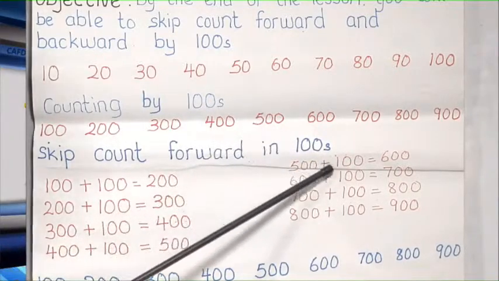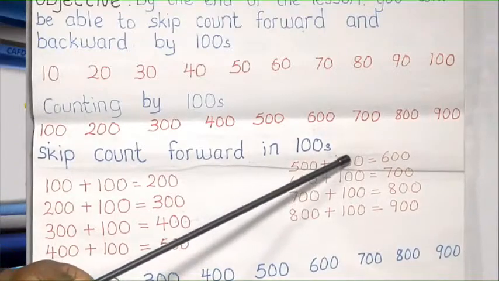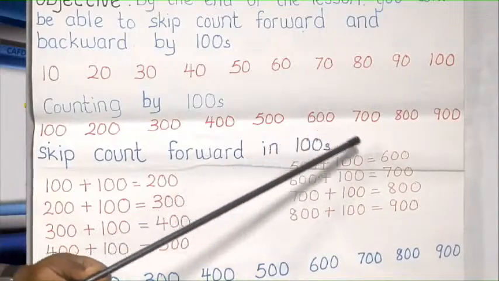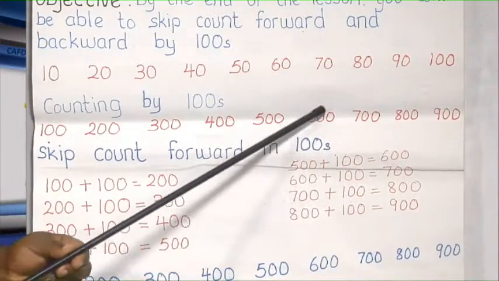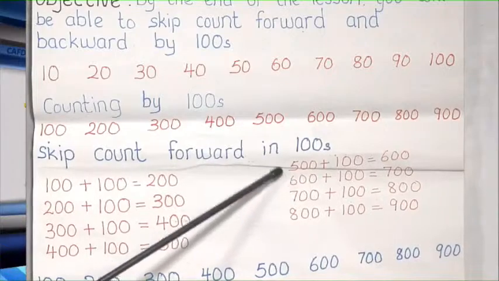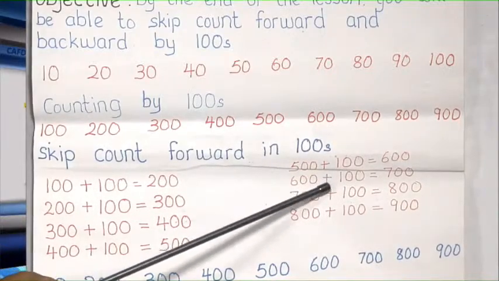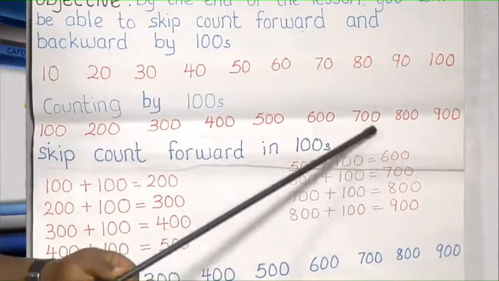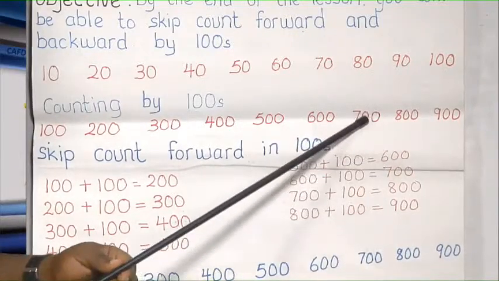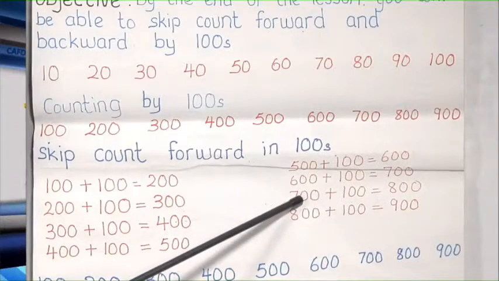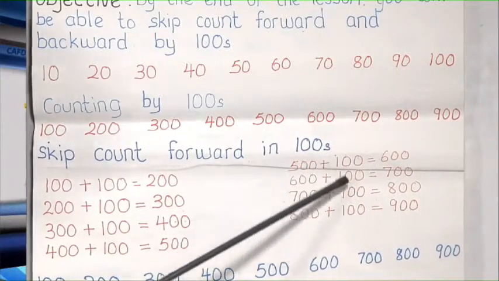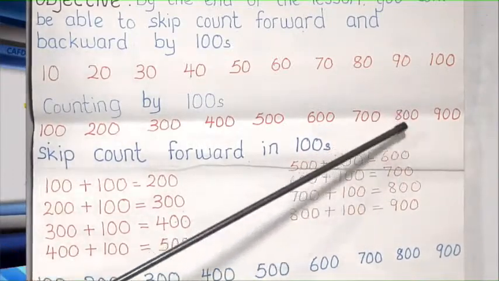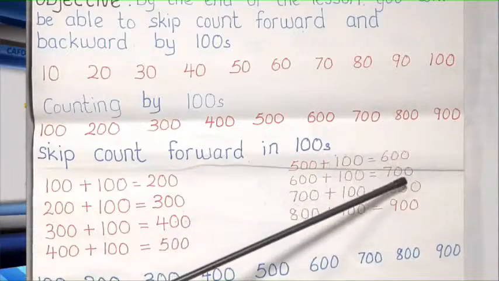So they have added 100 to it. So that here becomes what? 600. And with this 600, now they have also added 100 to it, so that we get what? 700. And the 700, you have seen that they have also added 100 to it, so that we get what? 800. And that is why we have 800 here.